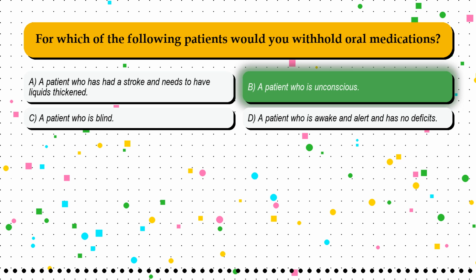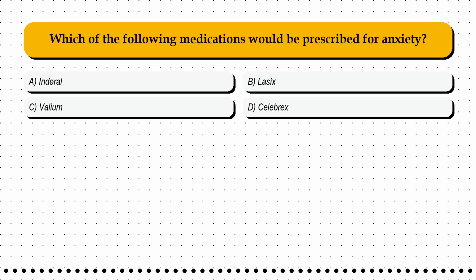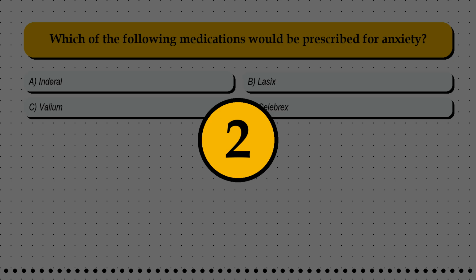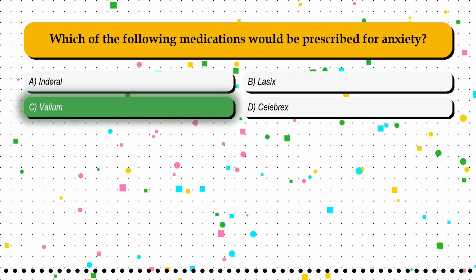The correct answer is option B, a patient who is unconscious. Question 255. Which of the following medications would be prescribed for anxiety? Option A, Inderal. Option B, Lasix. Option C, Valium. Option D, Celebrex. The correct answer is option C, Valium.